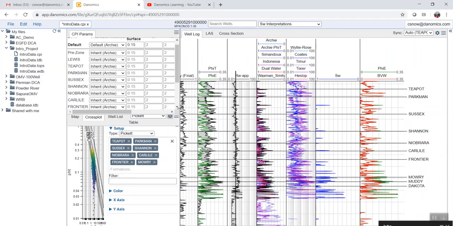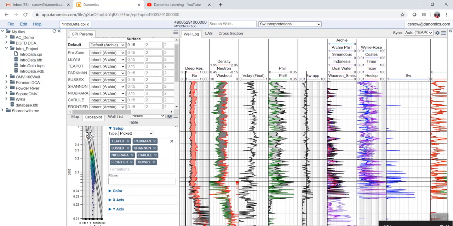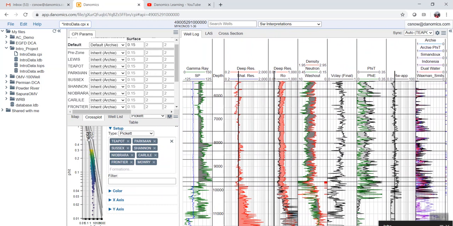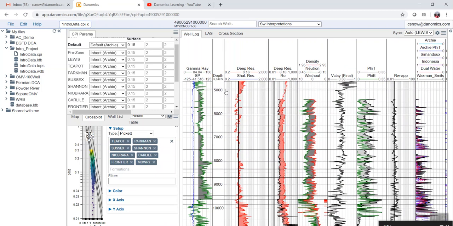So just a reminder of what our well looks like here. Mainly in this interval we have a mix of sand and shales, a lot of lower shore face. And we do have a couple of organic shales here in the Niobrara and in the Mowry formations. As we can tell from looking at our neutron density log, this is a relatively high clay system.